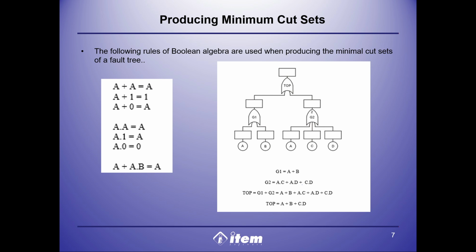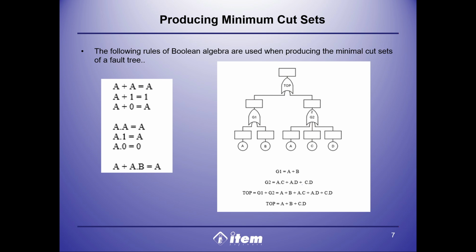To finish, let's look at the specific mathematical rules the software uses to simplify these expanded equations and extract the true minimal cut sets. As you can see in the table, the calculation engine applies standard Boolean algebra laws, like the commutative, associative, and distributive laws, to structure the fault tree logic.